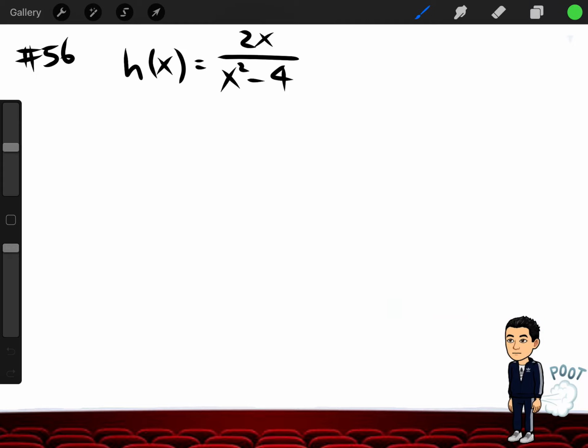What you're going to do here is that for these types of problems, you need to understand that the denominator can't be equal to 0. If you set the denominator equal to 0, you're going to get undefined. Back in Algebra 2, this gives you something called asymptotes.